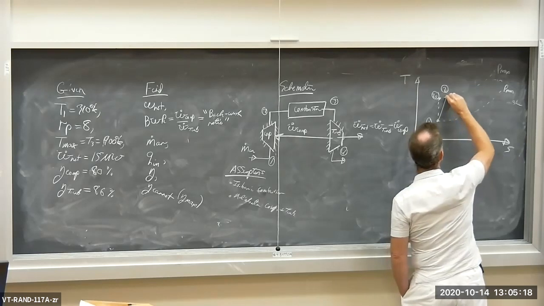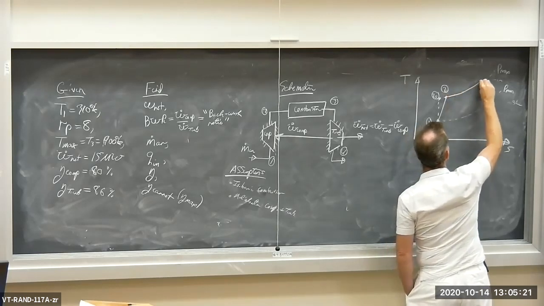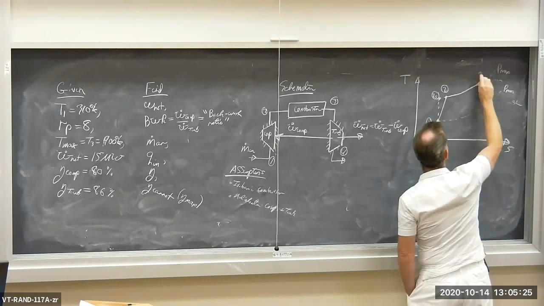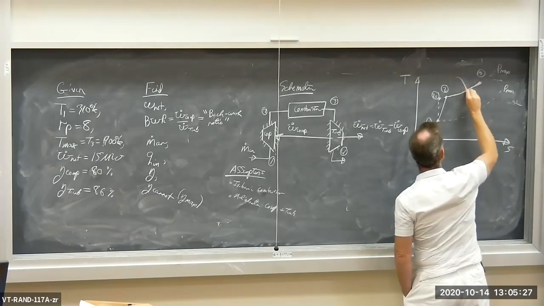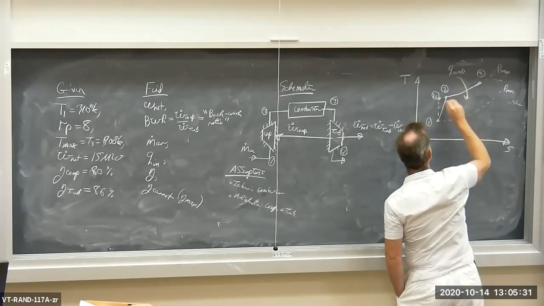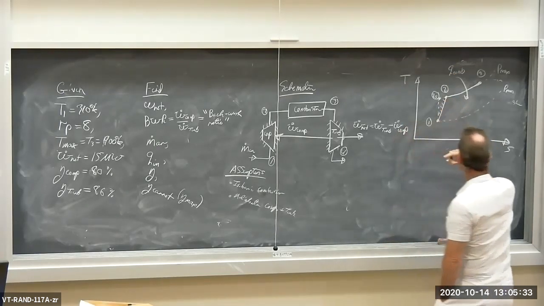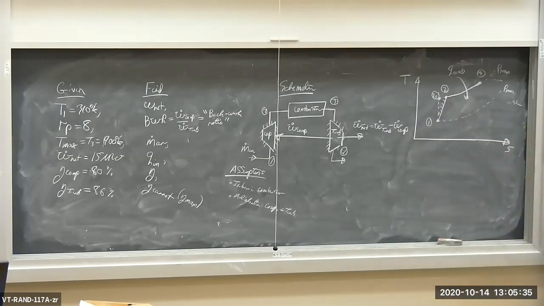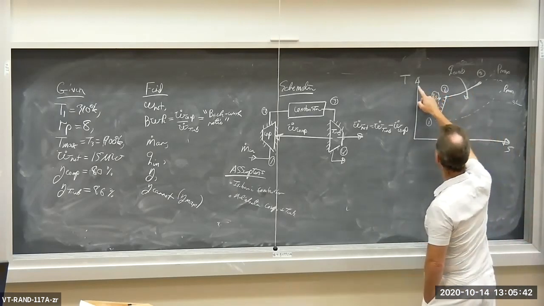Then we have, apparently, isobaric heat addition in the combustor. So we have Q combustor, isobaric. We don't have a delta P across the combustor. Up to state 3, and actually we have temperature T3.